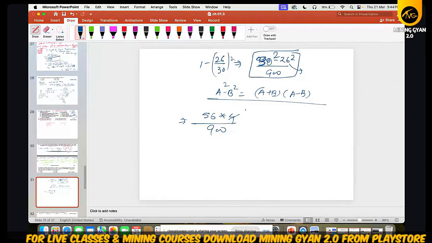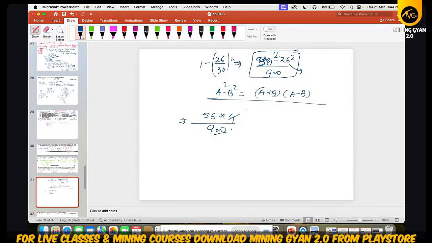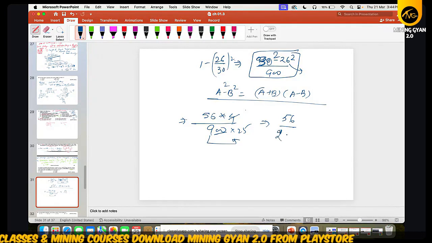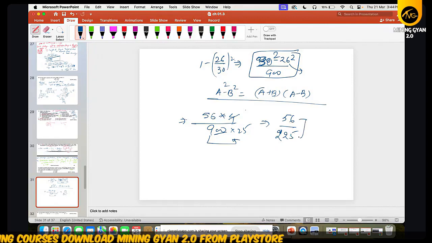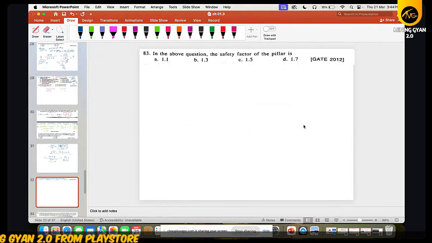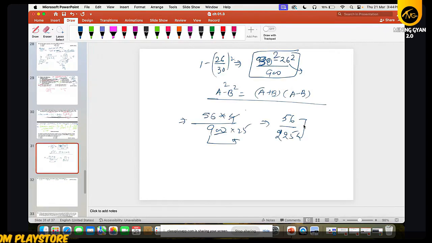Then you can easily calculate the division. So it will be 25, so the answer will be 56. Now it will be simple. You can divide and solve it, or the answer will come in decimals.